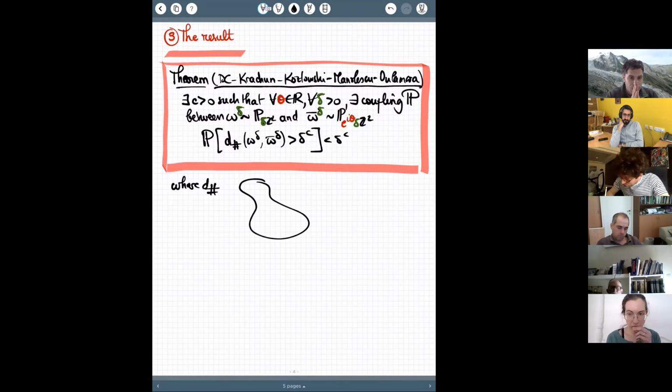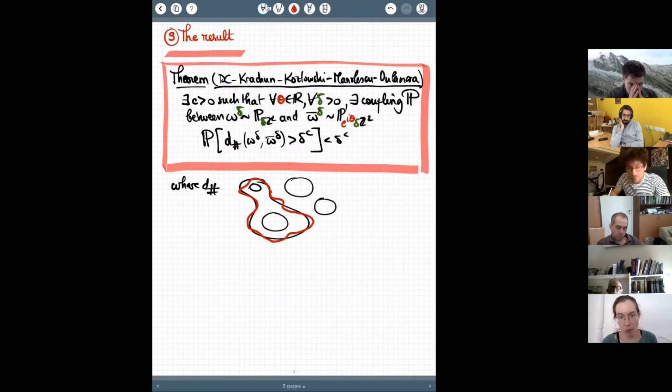You want to say that two collections of loops are close to each other if for any loop in the first collection, you can find a loop in the second collection such that you can parameterize the two loops in such a way that they remain at distance epsilon of each other along the whole loop.